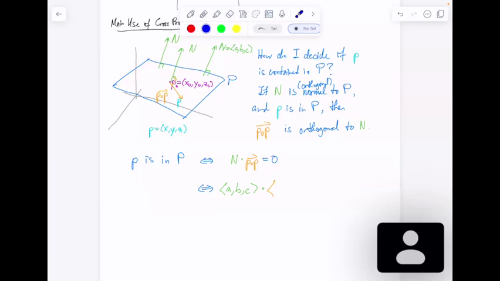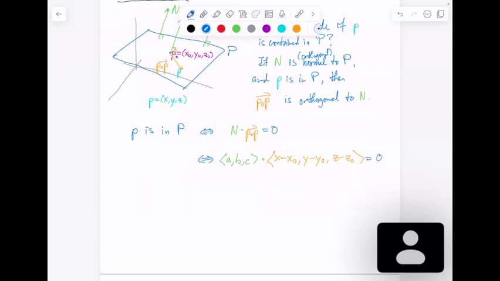If you make each one of these, p0 and p, themselves arrows with tails here, then it's this arrow minus this arrow. So it has x minus x naught as the component in the x direction, then y minus y naught, then z minus z naught. This must be equal to 0.